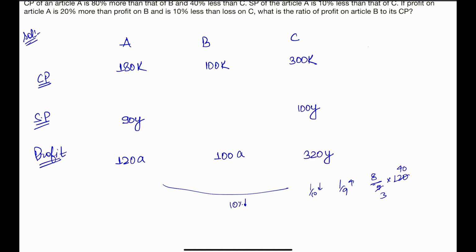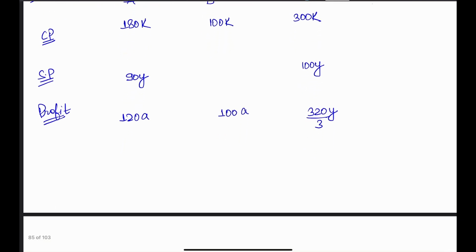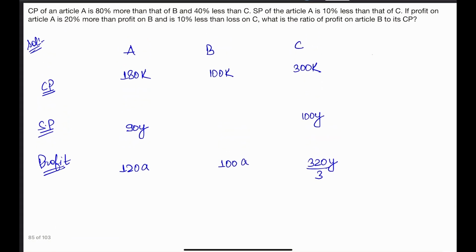Y upon 3, right? Now the question: what is the ratio of profit on article B to its CP? My CP is already 100.